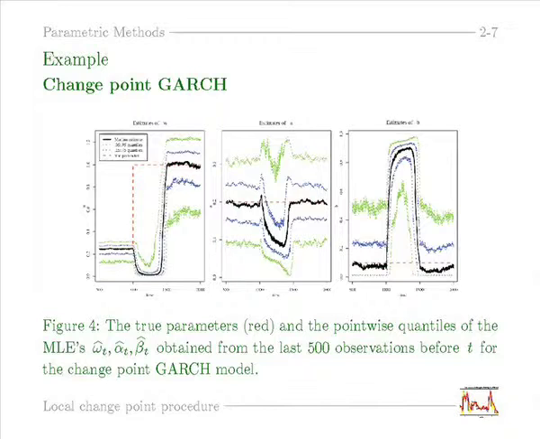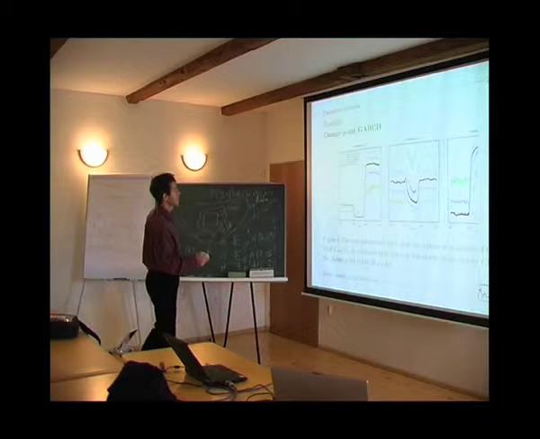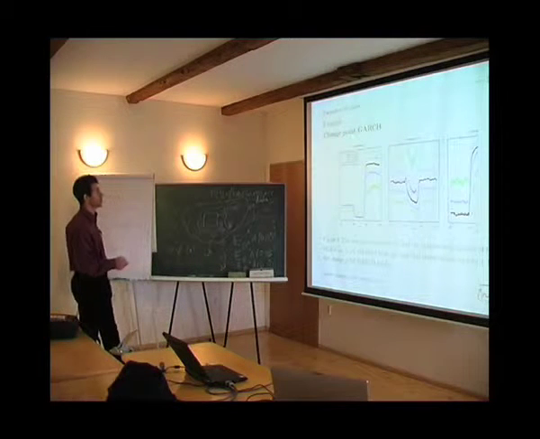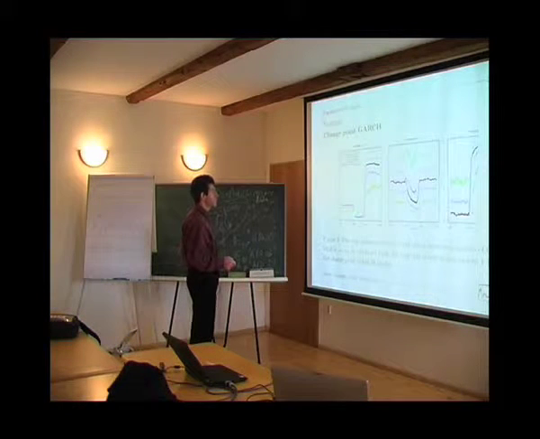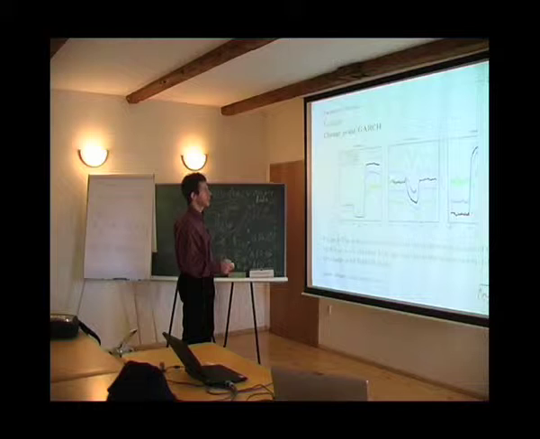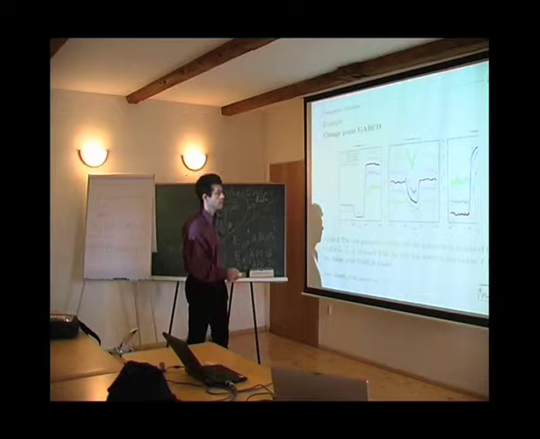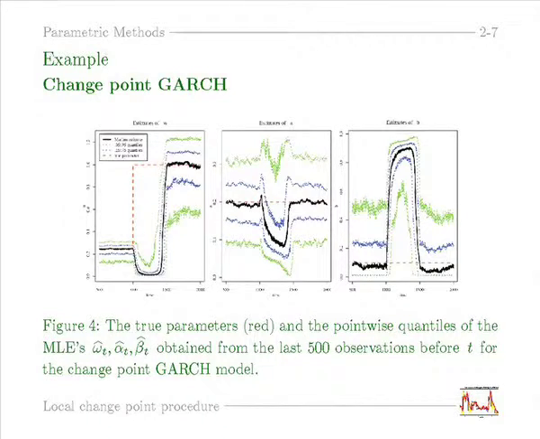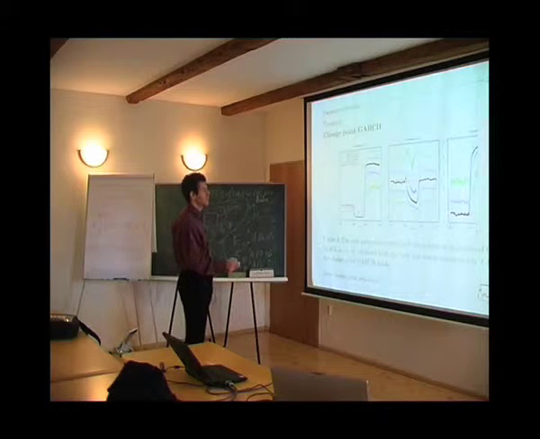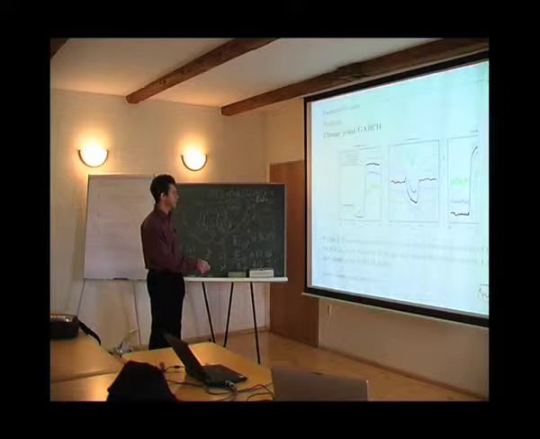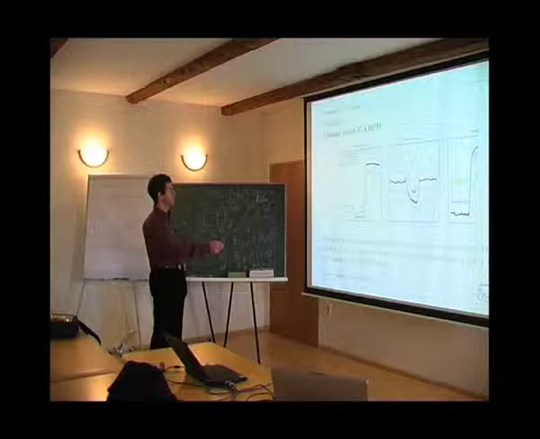It's a simulated example. What you see here is a simulation from a change-point GARCH. What does change point mean? You have three parameters, omega, alpha, beta. Parameters alpha and beta are constant over time. Unfortunately, this plot is cut. Only parameter omega jumps at this point from a value of 0.25 to a value close to 1.